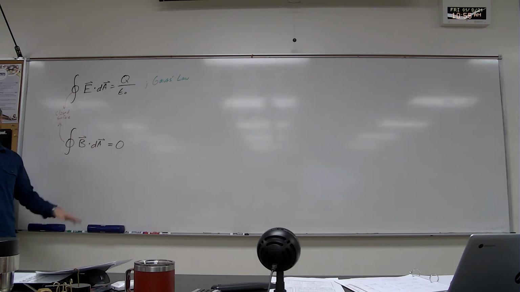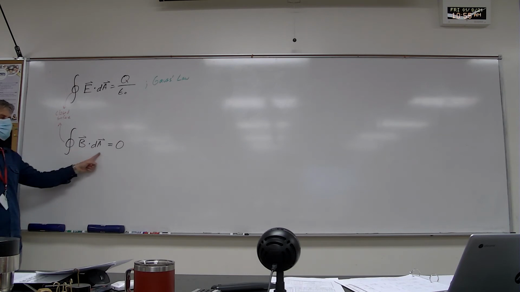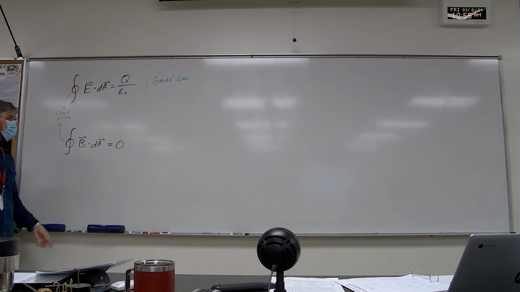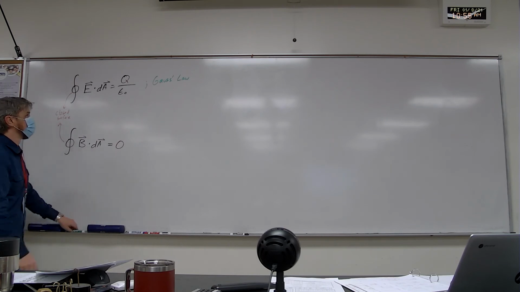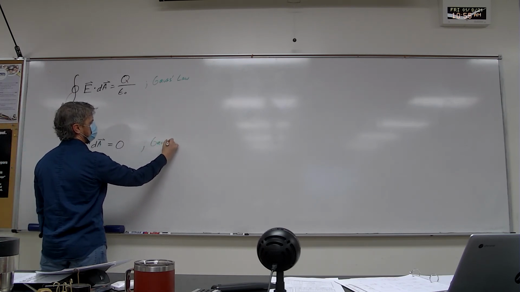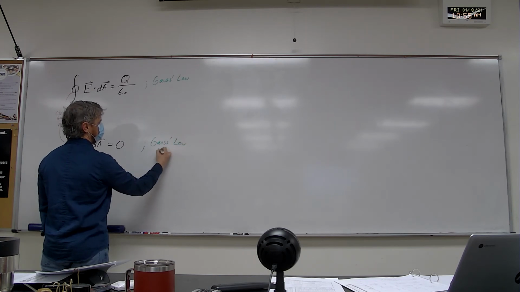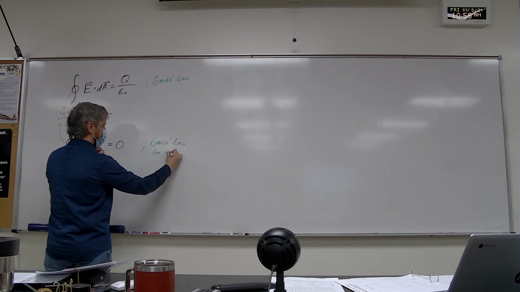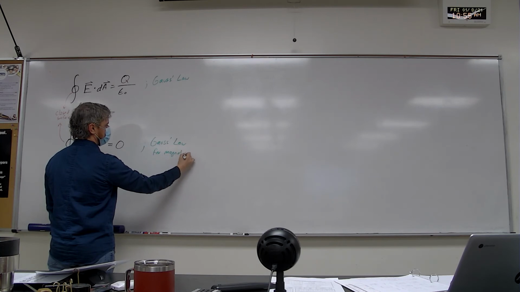Some versions of string theory, for reasons that I definitely don't understand, predict the existence of what they call magnetic monopoles. But if this is true in all cases, then you can't have an isolated north pole or south pole of a magnet. So that's, in words, the information you can get out of this equation. And because it looks like this one, and because Gauss did that too, that's Gauss's law 2.0 for magnetism.